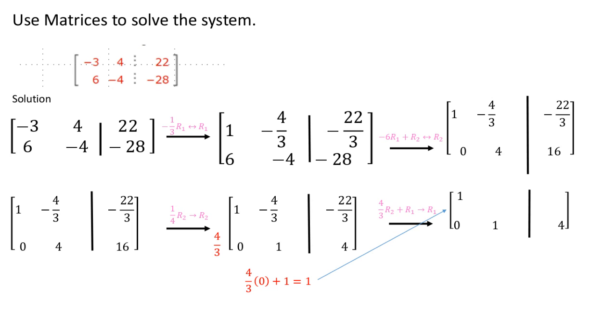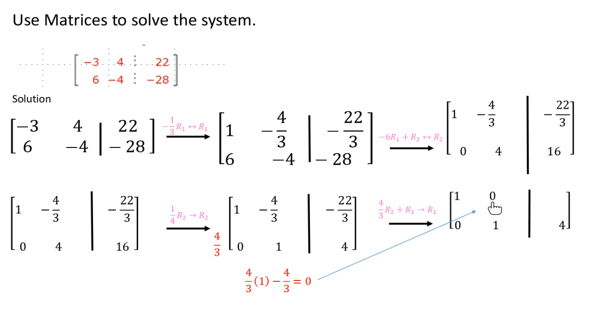4/3 times 0, let me get my pointer. 4/3 times 0 is 0 plus 1 gives me 1, so that goes here. 4/3 times 1 is 4/3 plus a negative 4/3 is going to be 0.